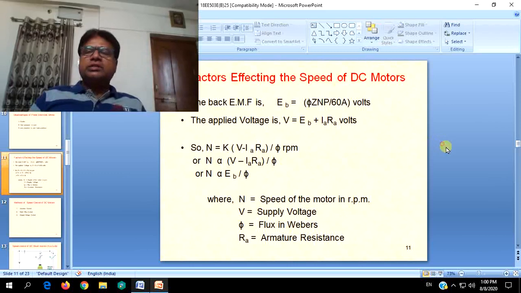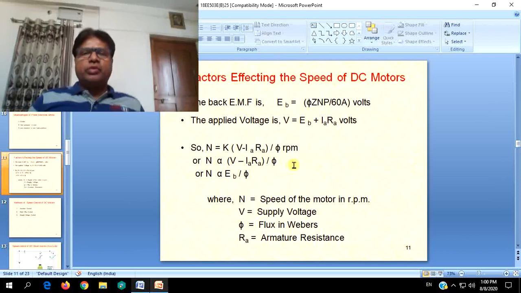Now we will take up the case of DC motors. Mainly the governing equations for the speed of DC motors are two.